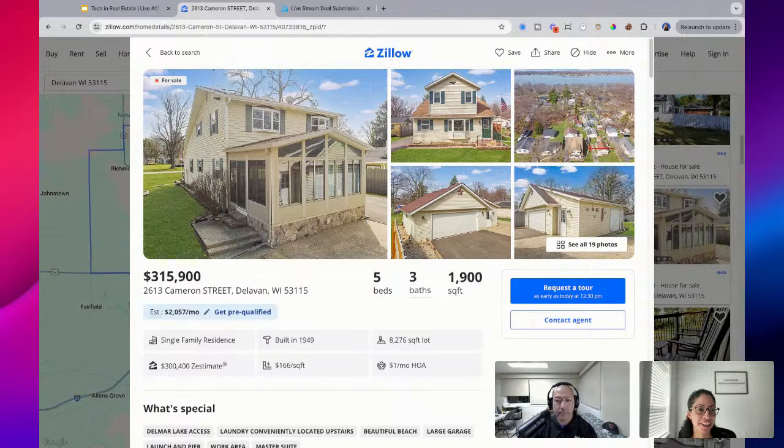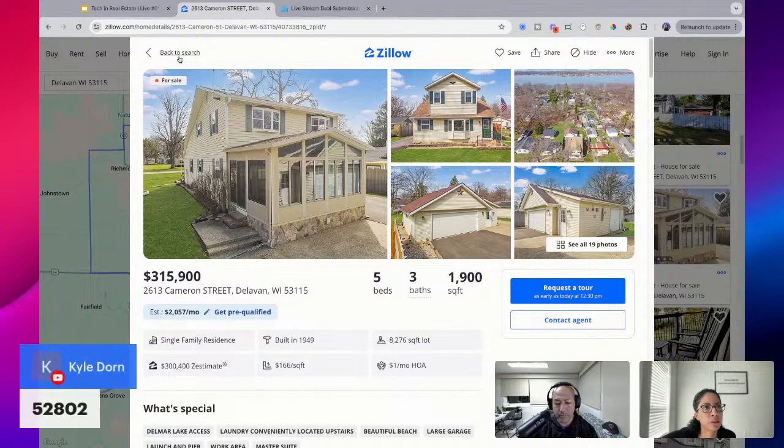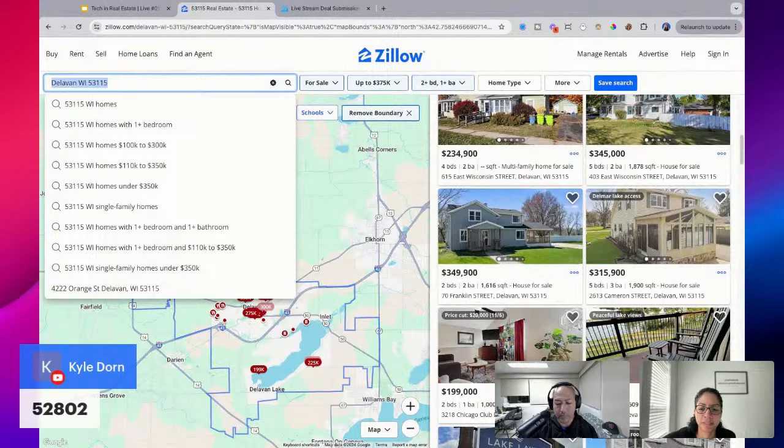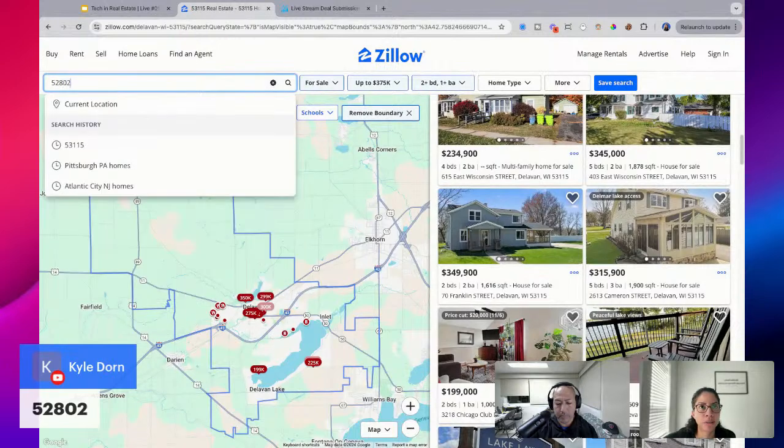So with that, Mark, let's move on to the next zip code. And this time, let's get a little bit more in depth with the location as well. We're going to choose Kyle's here, which is 52802.